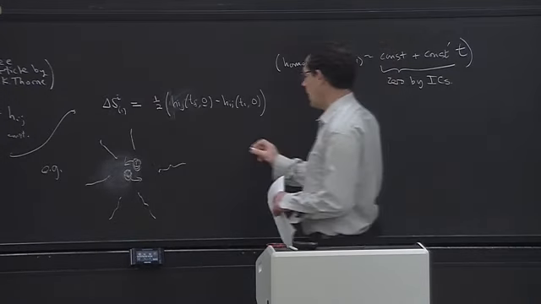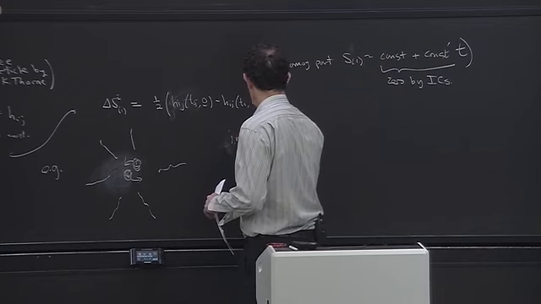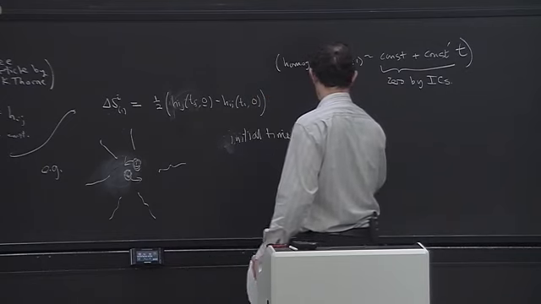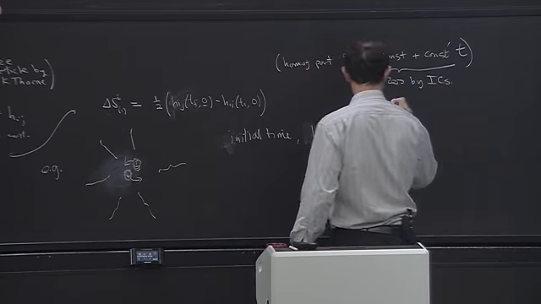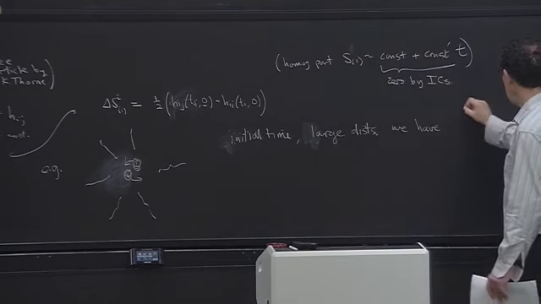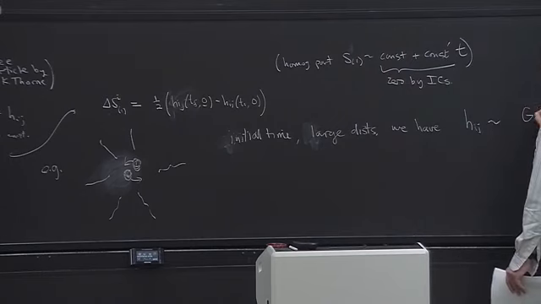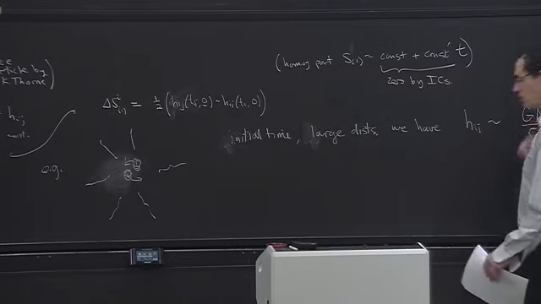Okay, so at early times, at T initial, at large distances, we have H_ij going like G M over R c squared times... I'm just going to write it like that.